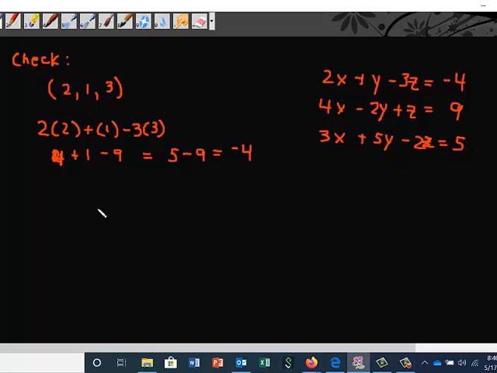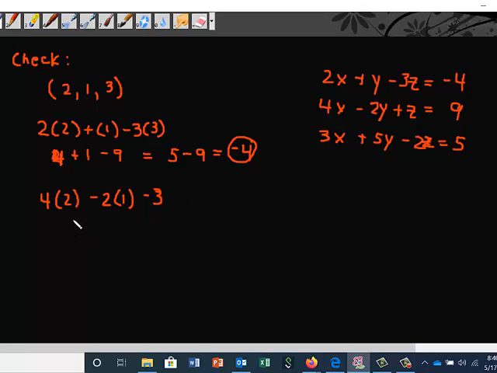Okay, as you see, the answer we got here matches the answer to the original equation that we were solving for. So let's do the second one. The second equation: 4 times x, which is 2, minus 2 times y, which is 1, minus z, which in this case would be 3.